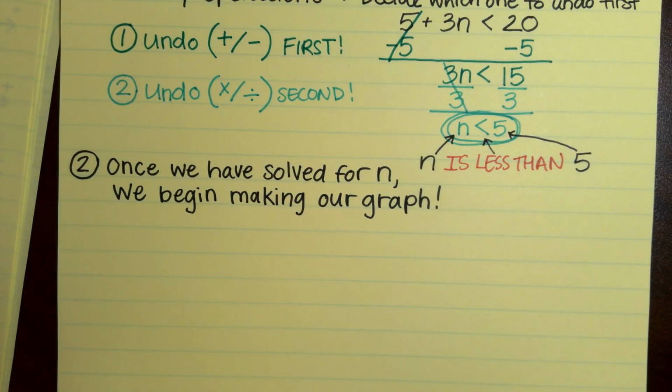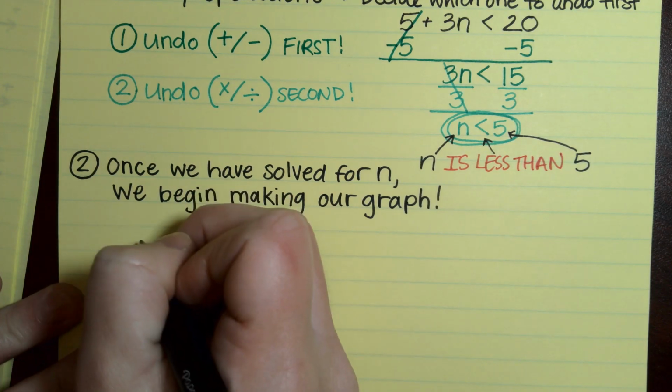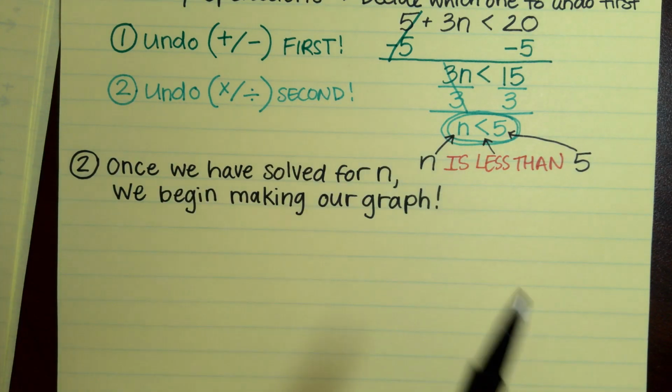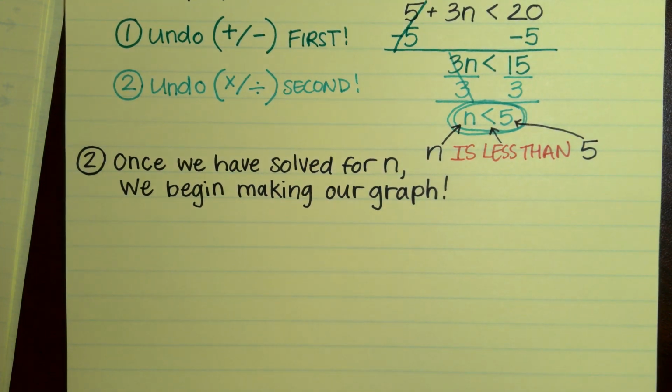So the graph of an inequality is just showing you visually all the numbers that n could be. The graph is a representation of the possible variable values. Let me think, what would be a simple way to say that? I don't want you to have to write a whole novel.